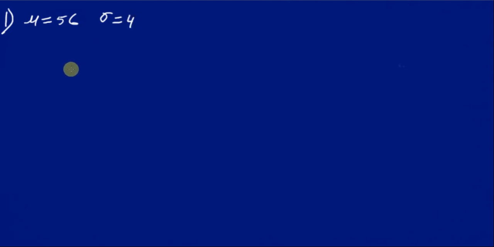And then we're supposed to find the z-score that corresponds to 3 raw scores: a speed of 62 miles per hour, a speed of 47, and then a speed of 56.